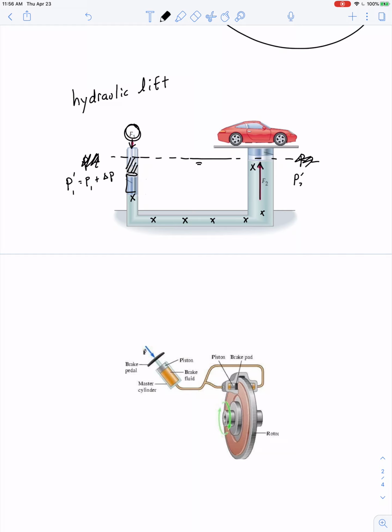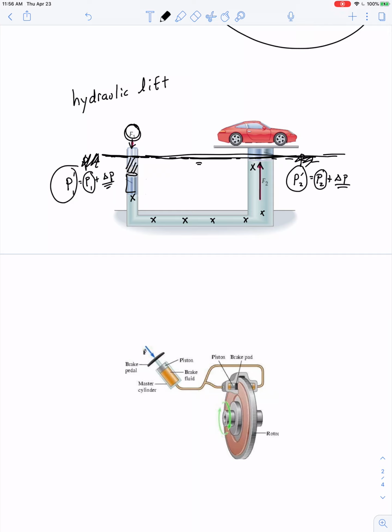The new pressure, P2 prime, is equal to the initial value of P2 plus the change in pressure. But we said that P1 and P2 had to be equal just due to the fact that they're at the same elevation, and Pascal's principle tells us the change in pressures have to be equal, so the final pressures on both sides have to be equal.